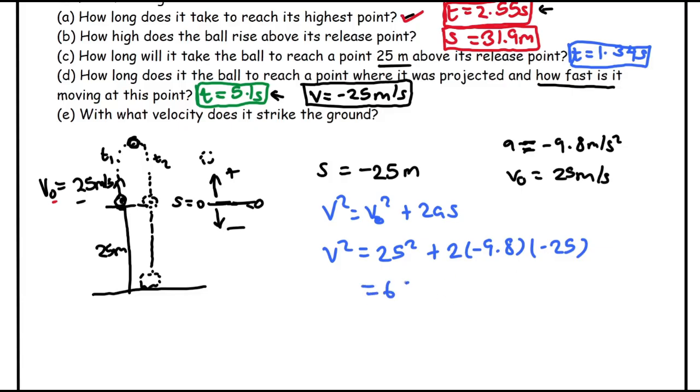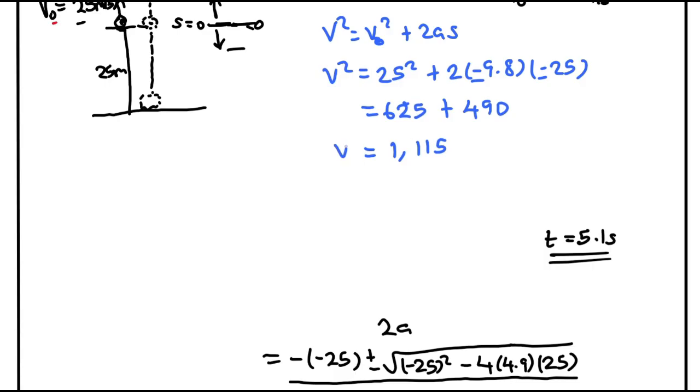We get 625 here, plus, this is negative and negative, so it stays as plus 490. This gives us, now remember that this is v squared. To get v, we have to take a square root of both sides, leaving us with v equals 33.4 meters per second.